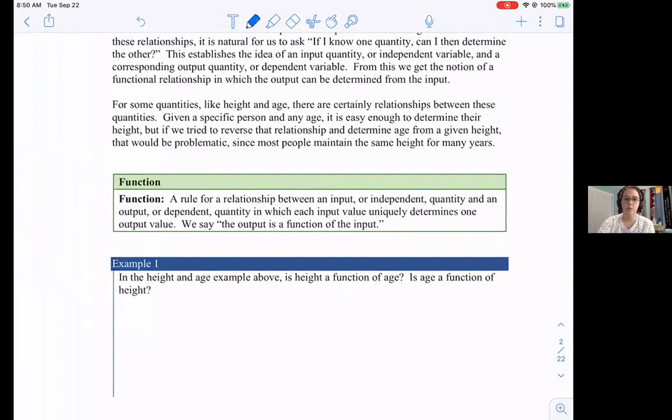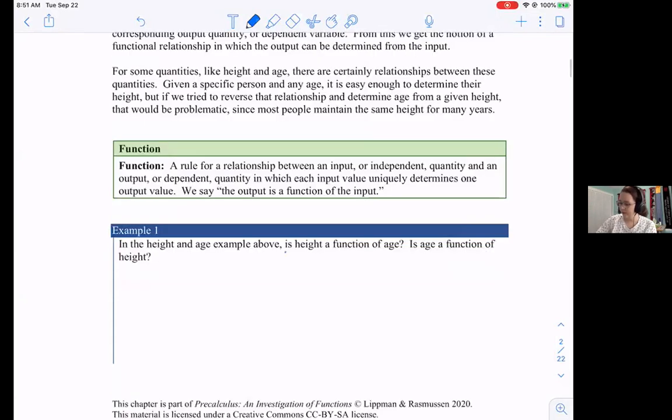So for some quantities like height and age, there are certain relationships. Like if I know that I am 31 years old, I know my height is, I'm 5'6". But if I'm 5'6", do I know that I'm 31 years old? So the first question here is, is height a function of age?